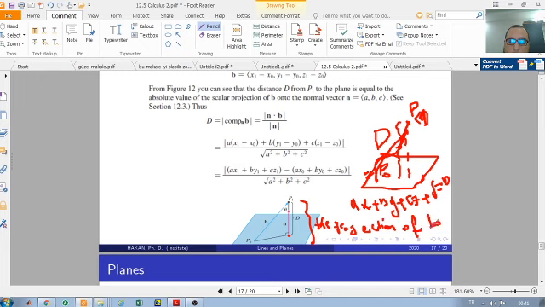This distance is actually equal to the length of this projection, which is called the scalar projection of b onto the normal vector.